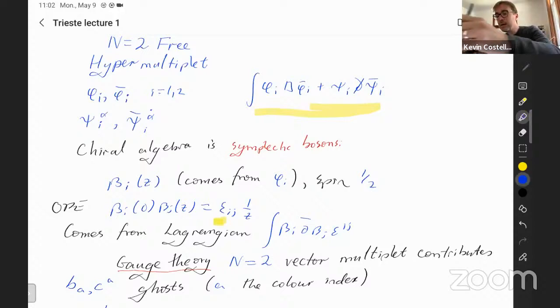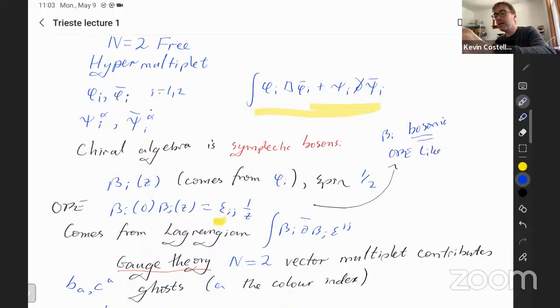So it's a little funny, because the beta_i's are bosonic, but the OPE is like that of free fermions.